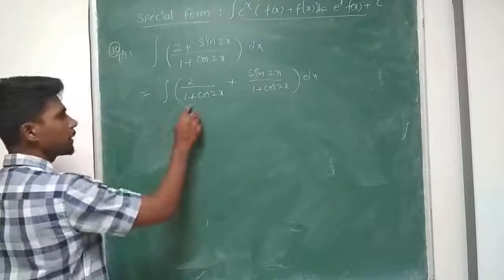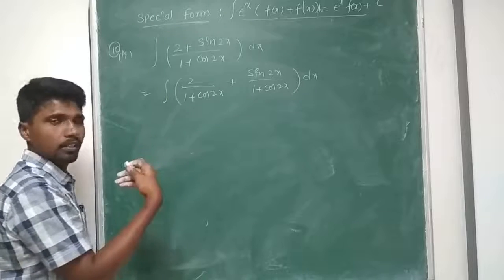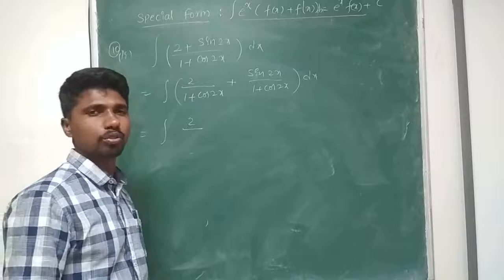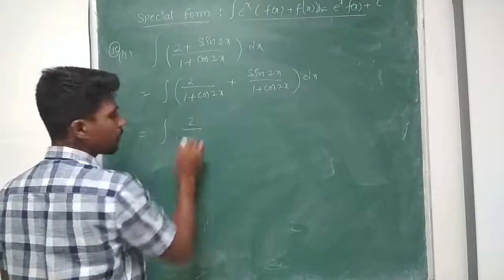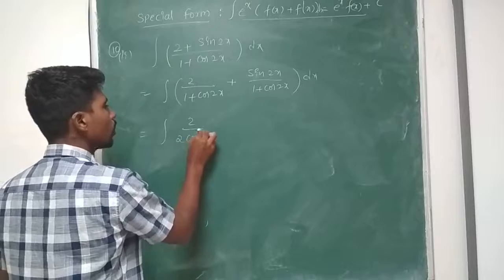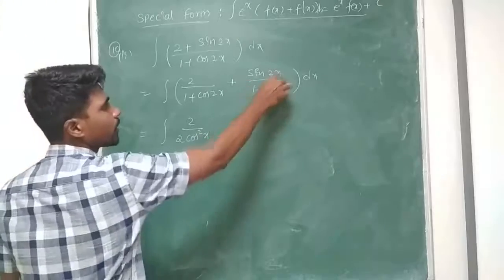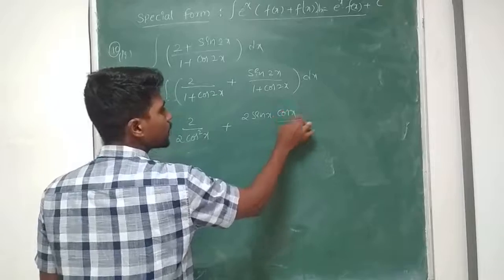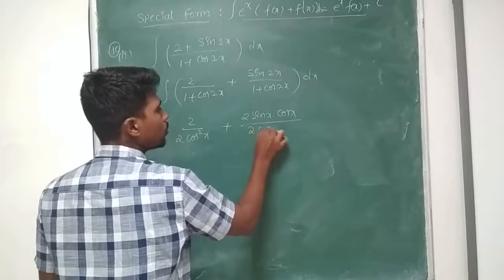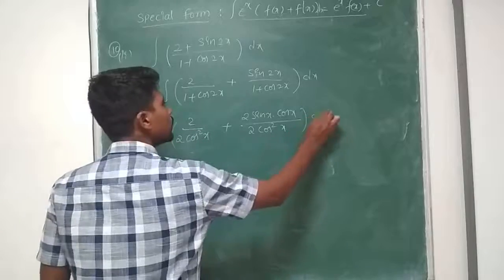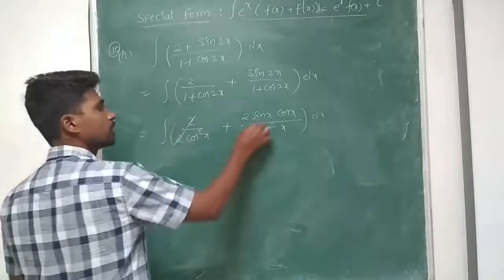So I can write 1 plus cos 2x as 2 cos square x, right? And sin 2x can be written as 2 sin x into cos x, divided by 2 cos square x dx. 2 and 2 get cancelled, 2 and 2 get cancelled.